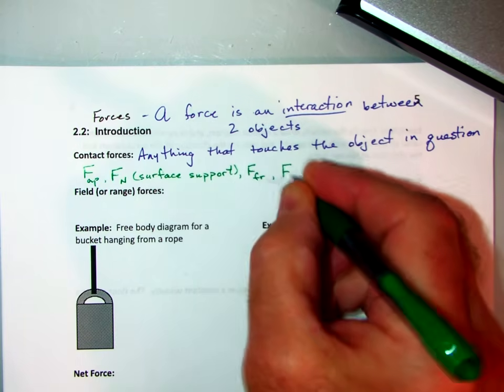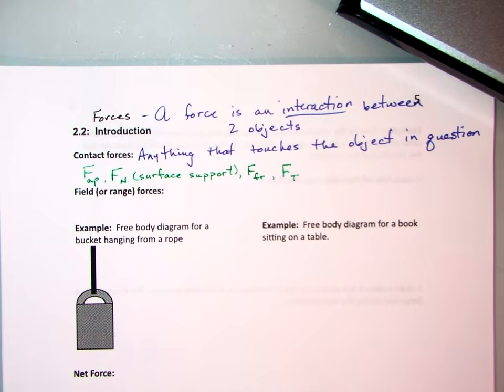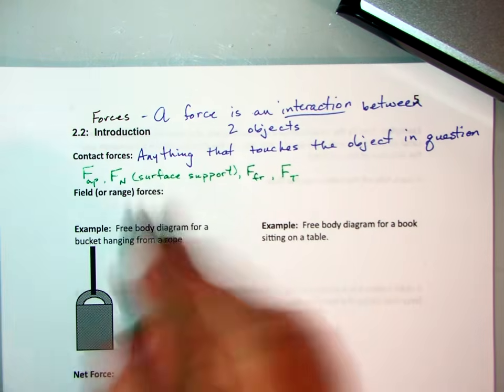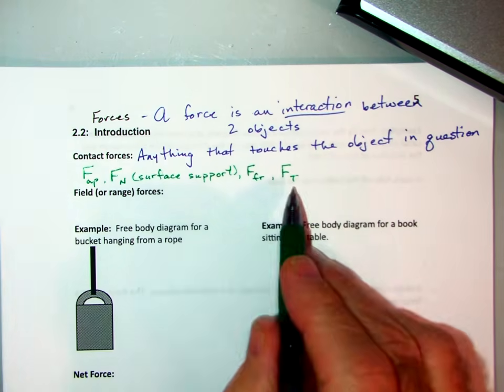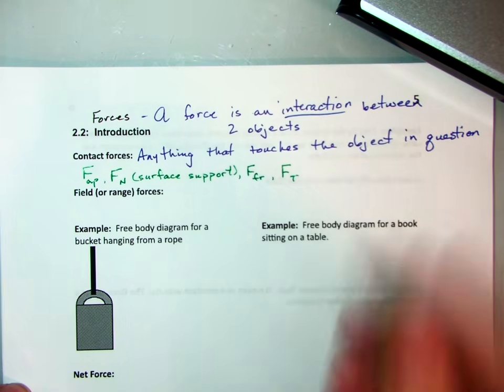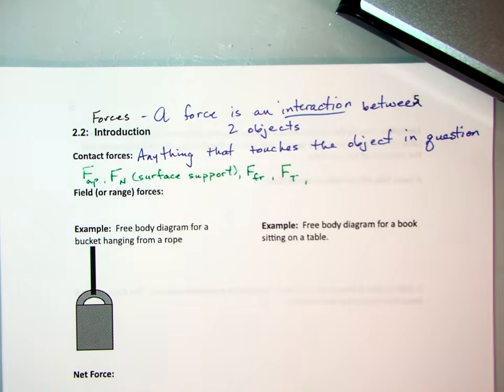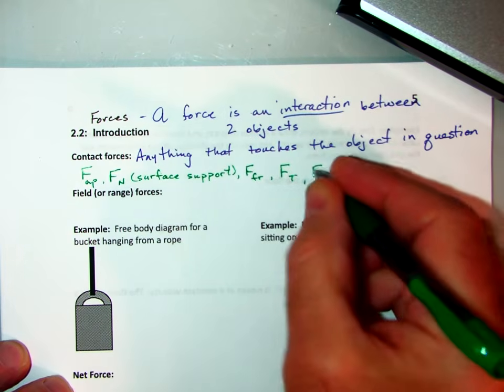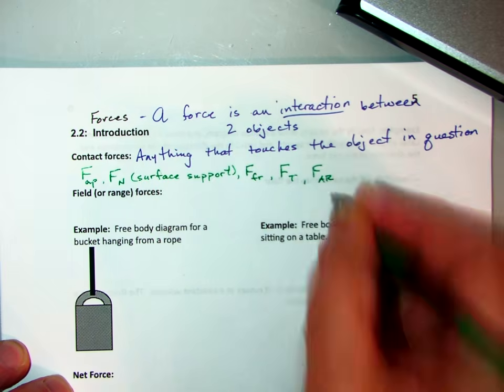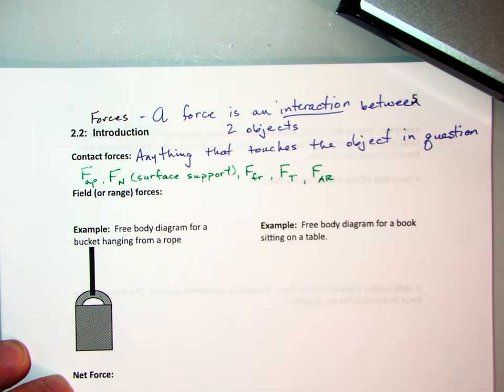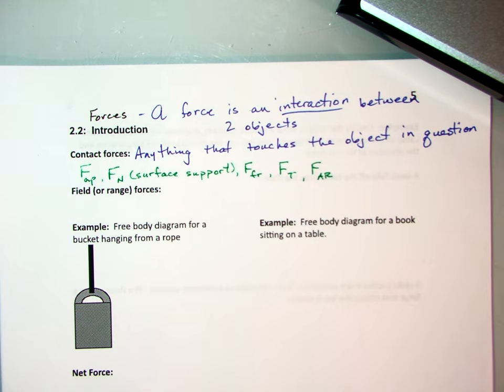There is force due to tension. That would be a rope pulling. That, again, the push or pull, push being an applied force, pull being a tension force. There are all kinds of forces. There are buoyant forces. There's force due to air resistance. Just a whole host of contact forces.